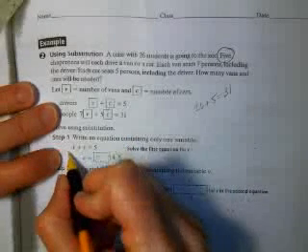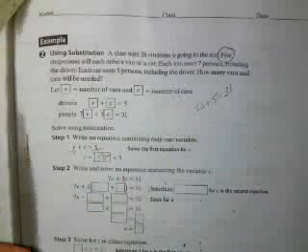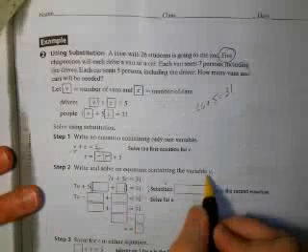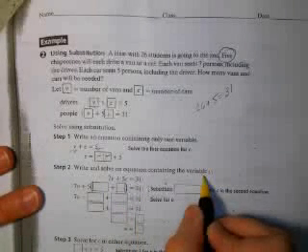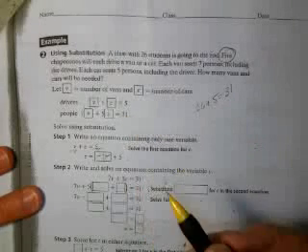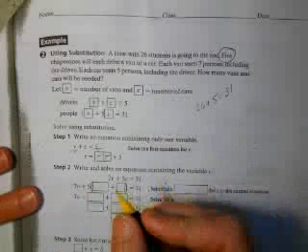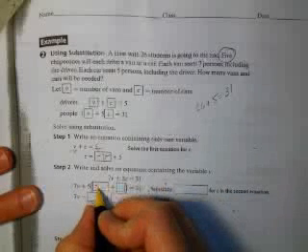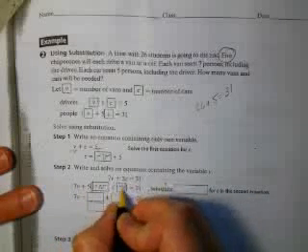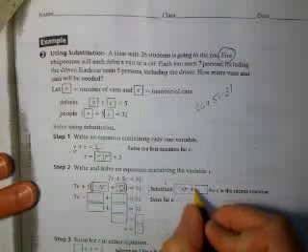So C is equal to, I'm going to subtract V from each side, negative V, or the opposite of V, plus 5. So I'm going to now substitute this into the second equation, 7V plus 5C equals 31. So 7V plus 5 times the quantity negative V plus 5 equals 31.